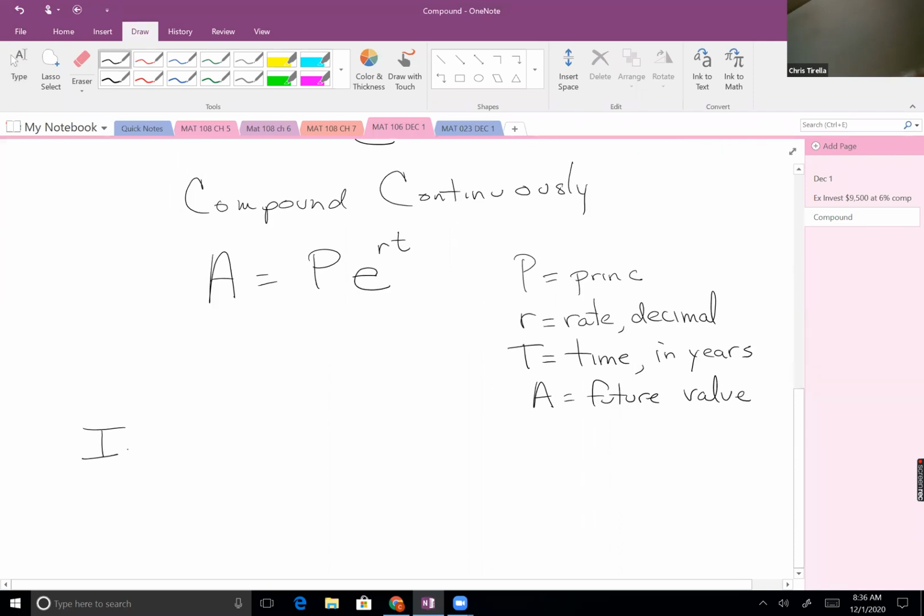And so let's say we're going to invest, I don't know, how much money do you guys want to invest? $100,000. And, oh, let's make it crazy, like 3.5% interest, compounded continuously.